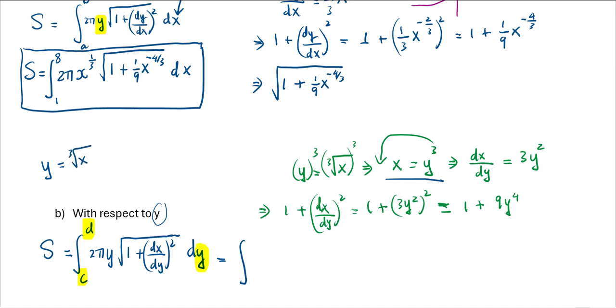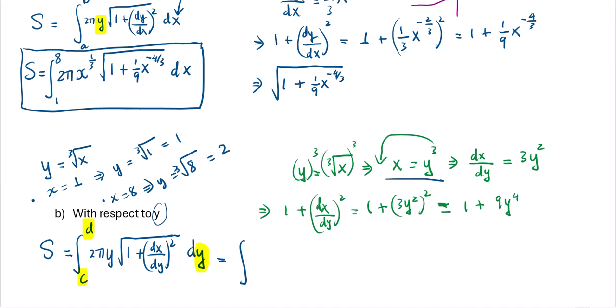Before we went from 1 to 8, so when my x is 1, then my y will be the cube root of 1, which is also 1. And then when my x is 8, then my y will be the cube root of 8, that will be 2, because 2 raised to the 3rd power is 8.